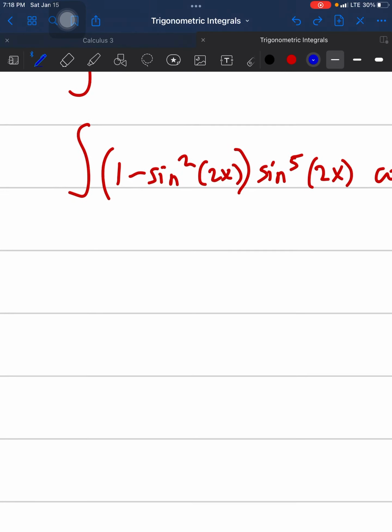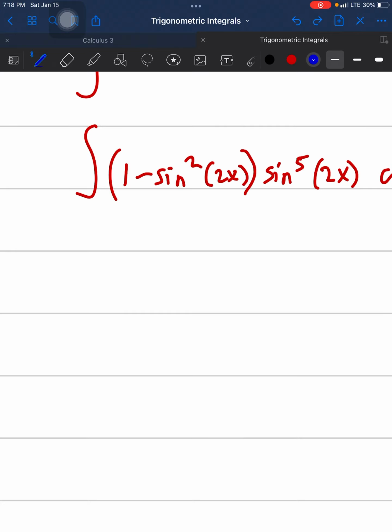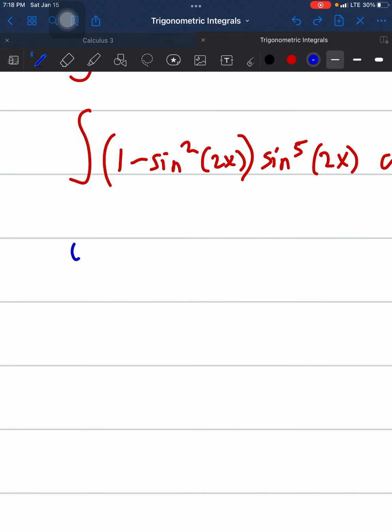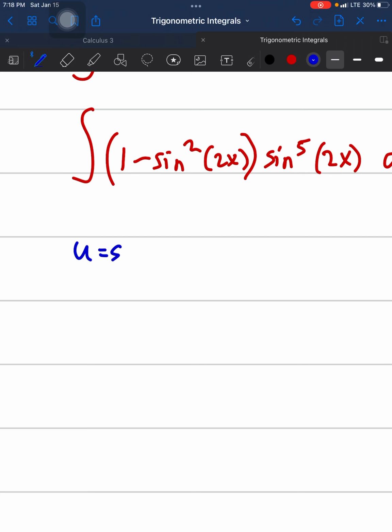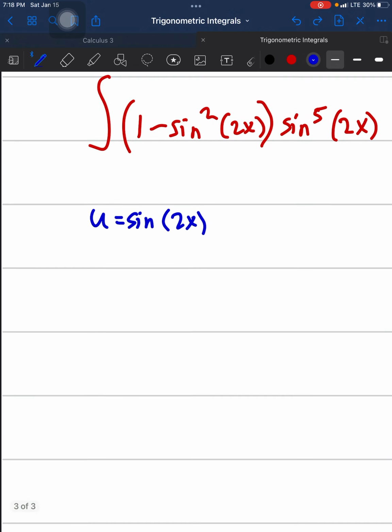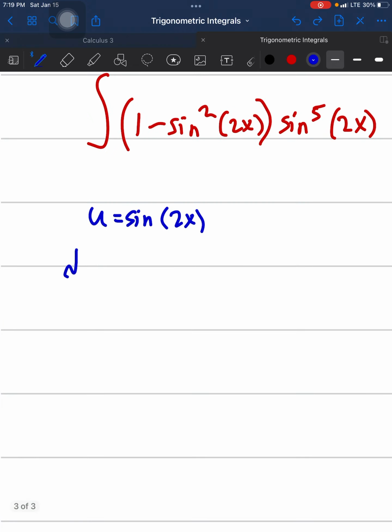We already know from our derivative rules that the derivative of sine is cosine. So we're gonna be substituting u as sine 2x. Since we have a 2, the angle here is 2x. So u is equal to sine 2x.